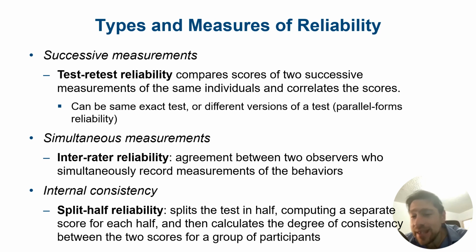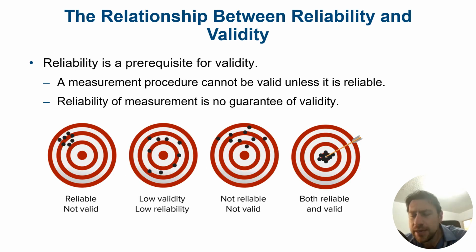So imagine you take an exam in class with 50 questions. Split half reliability would imply splitting that exam into two 25-question exams and seeing how similar your scores are across those two subsections. If there's a high degree of convergence between the two sections, that would be an example of high split half reliability.